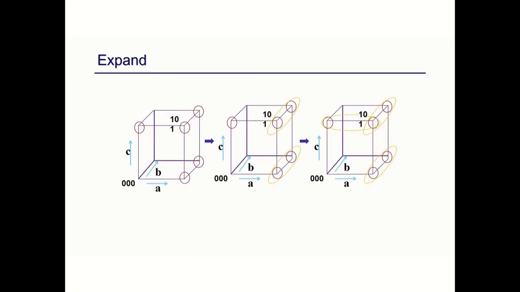So what is exactly the expand method? This is a 3 variable hyperspace, where all these bubbles are exactly the onset. So this is one onset, this is another onset, this is another onset, and this one too. These are the onset.